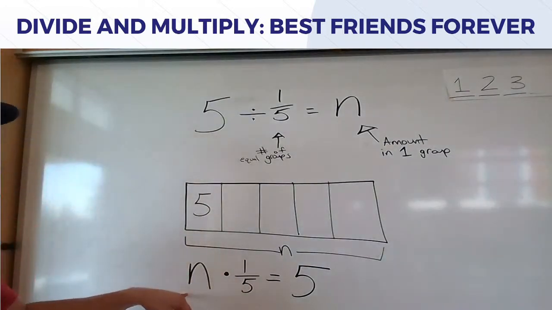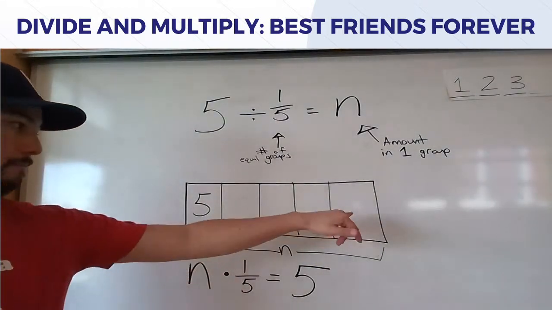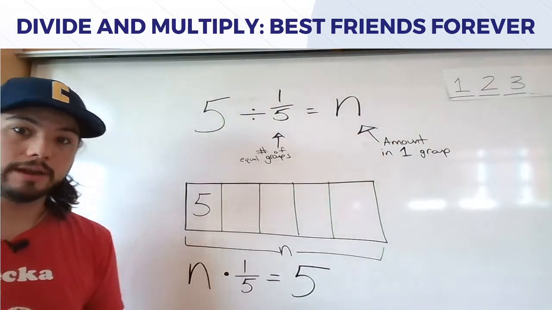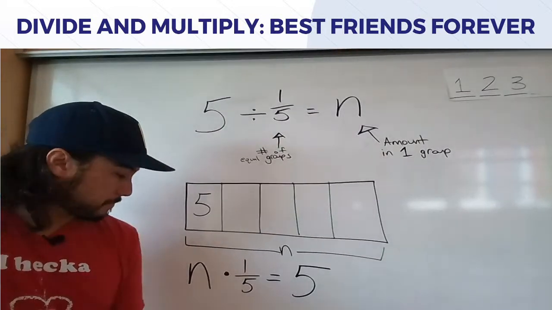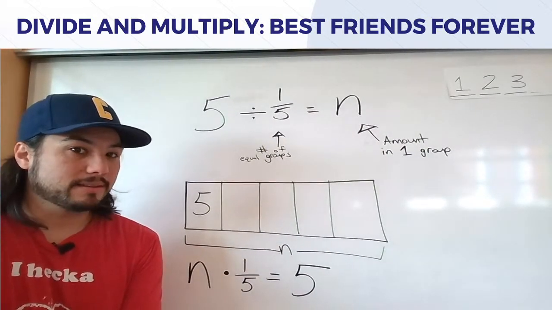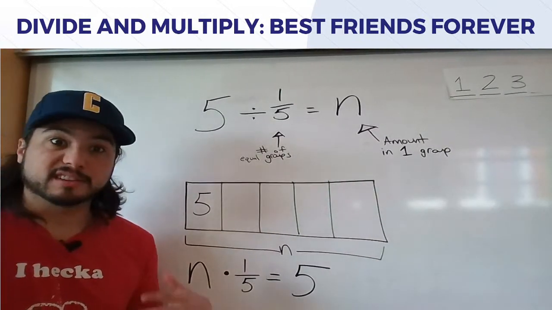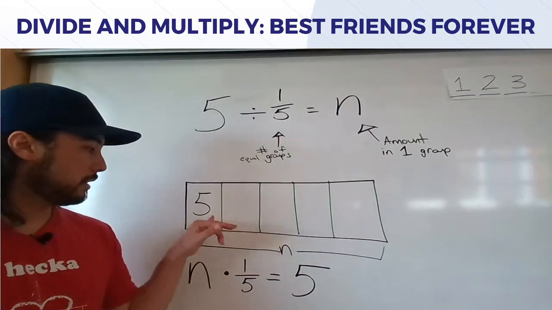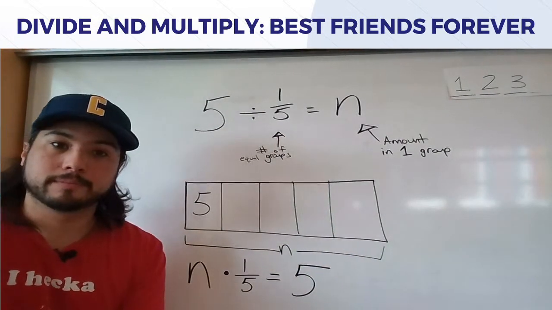So you're taking this whole thing, you're multiplying it by 1/5 or dividing it into 5, right? Because we talked about fractions being division in disguise, right? So multiplying by 1/5 is essentially the same thing as dividing by 5. And we get 5 in each group.